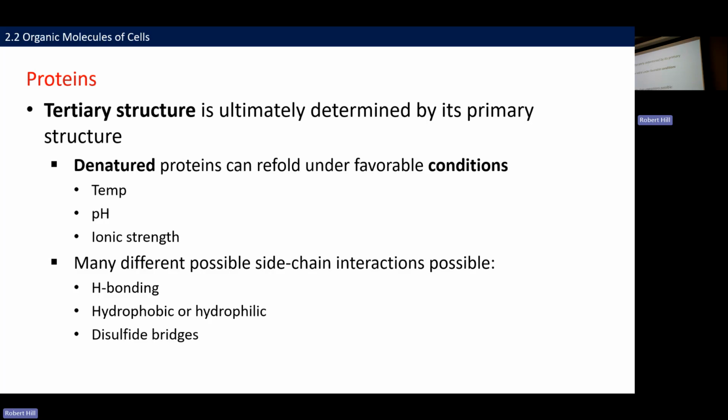Now, what happens because of hydrogen bonding is some regions of that amino acid chain will fold up independently into one of two specialized structures, which are secondary. We call these beta sheets and alpha helices.